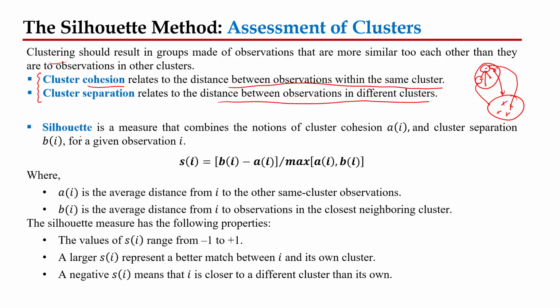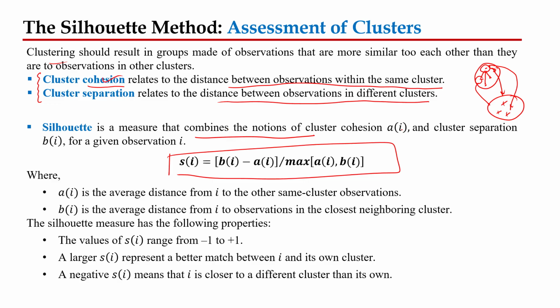In the silhouette method, we calculate the silhouette score. The formula of the silhouette score is this one. It combines the cluster cohesion, which we represent with a_i, and the cluster separation, which we represent with b_i. a_i is the cluster cohesion, meaning the average distance of the ith observation to the other observations in the same cluster, as I mentioned earlier.